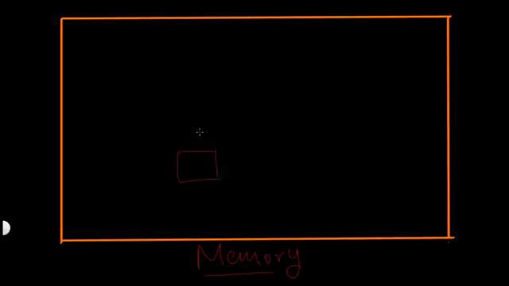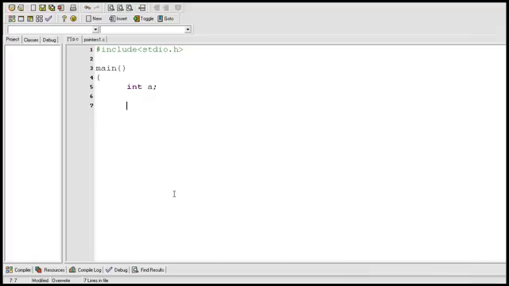Now let's say this is my computer's memory, and this memory location is allocated to the variable a. Every memory location has an address, so this memory location allocated to a will also have an address. I can go ahead and find out that address.